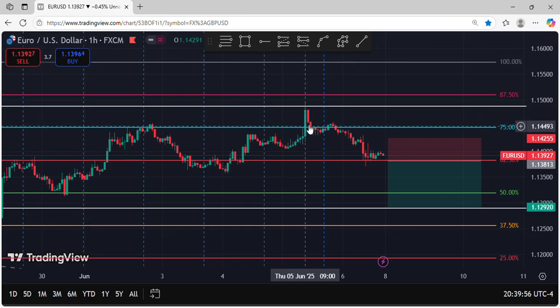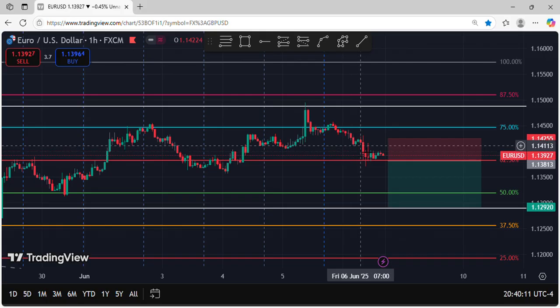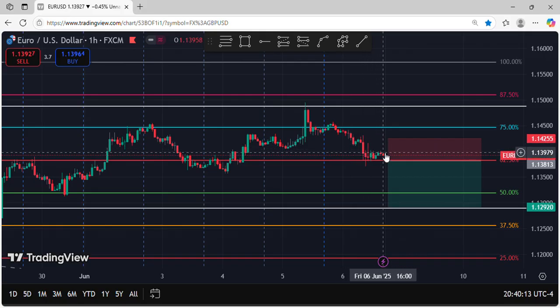There's a tiny fair value gap here. We created this fair value gap on the side, so essentially we have a BPR. Price traded into it and then dumped to the 62.5 level. We left this fair value gap, okay, and price is currently rejecting from there.